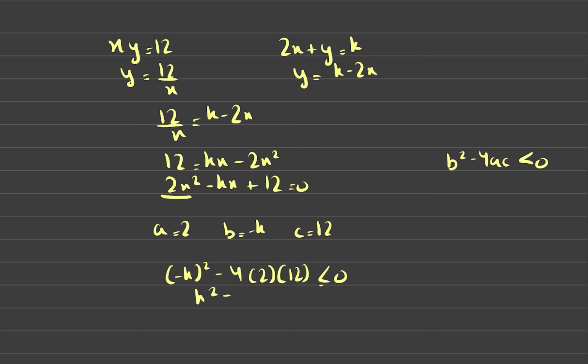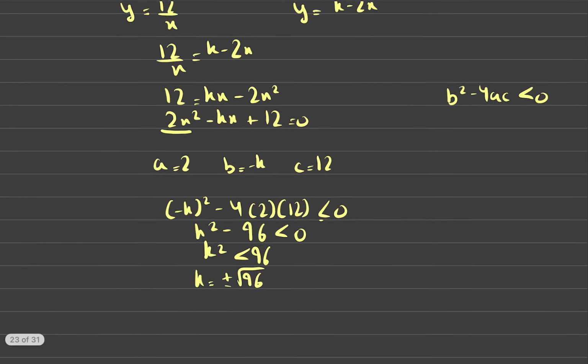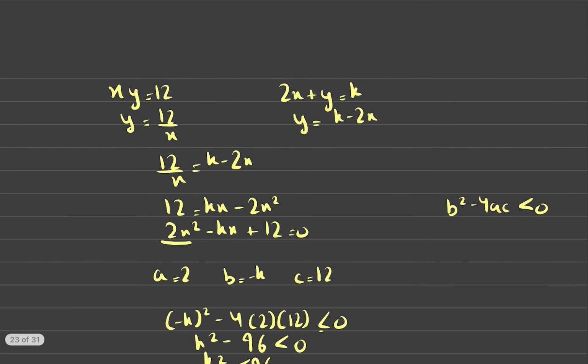So k squared minus 8 times 12, which is 96, right? So k squared is less than 96. What will be the value of k? Plus minus under root 96. What did I teach you about the less than sign? You write the smaller value first, the bigger value after, and you write it in a range form. That's it.